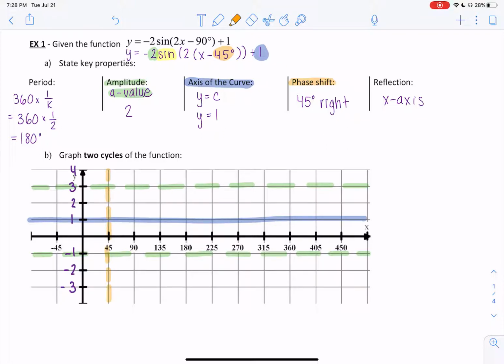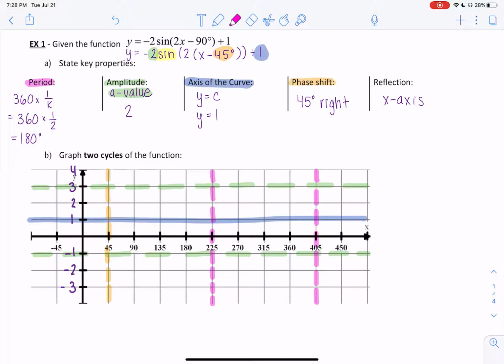Next, we're going to look at the k value, which gives us the period, so how long each cycle lasts. In this case, it's 180 degrees, so it will go from 45 to 225, and then another 180 degrees, so from 225 to 405.